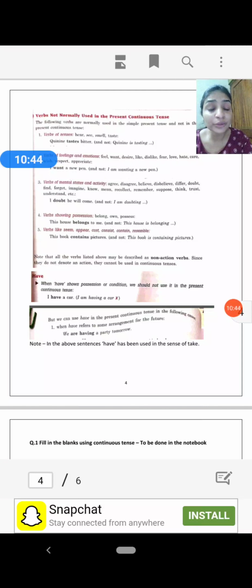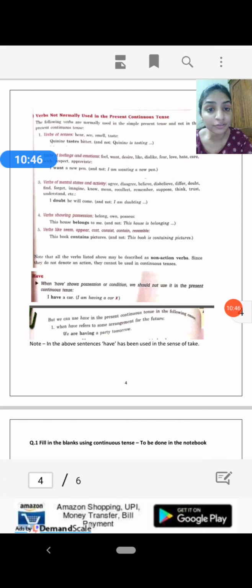When you read the sentence it will not give you proper meaning, it will not sound correct to you. But learn these and read these words very carefully so that they stay in your mind, and whenever you are doing any exercise or making sentences you remember them, and you do not use them while writing any present continuous tense sentence.